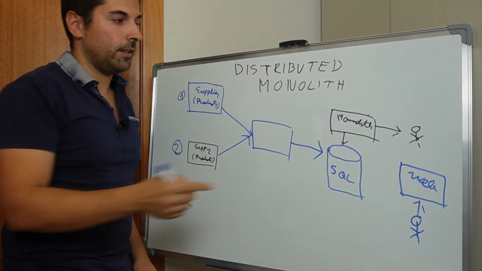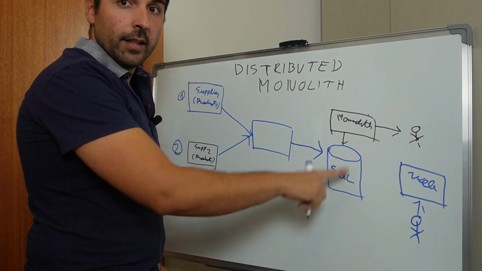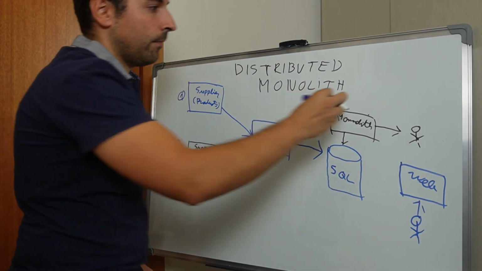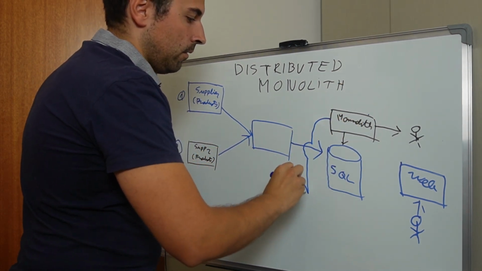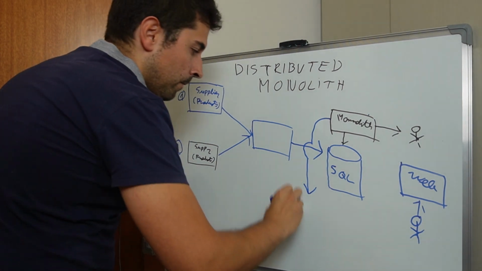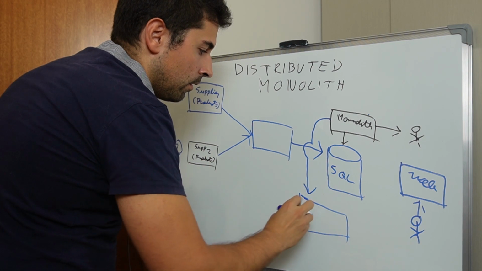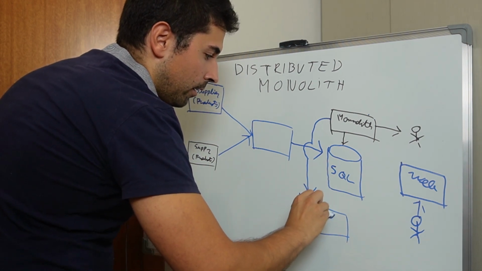The problem came when this monolith here tried to expose this SQL data and send it to another application. So sorry for that. We were sending information from the SQL to application B, which, by the way, is a monolith again.